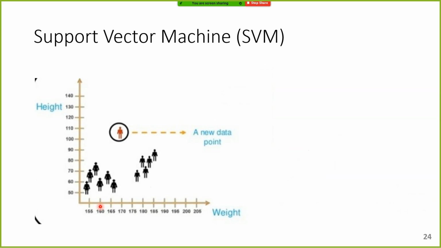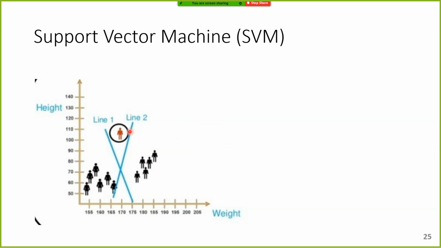So suppose we understand the support vector machine by taking one example. Suppose we have a new data point which is shown here in a circle. We want to classify it. We want to know whether this point would lie in this class or in this class.